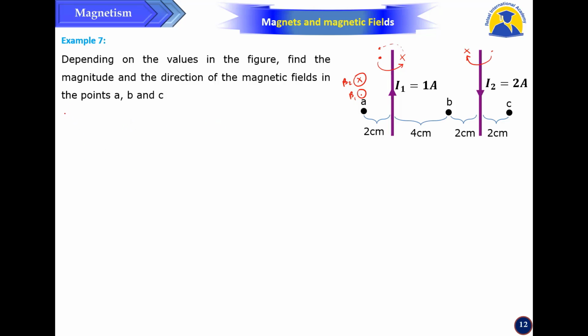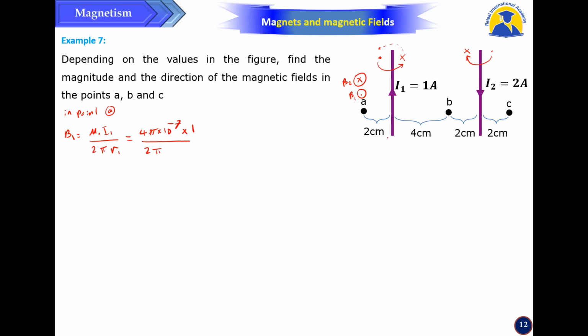So at point A, B1 equals mu 0 I1 divided by 2 pi R1. Mu 0 is constant and I1 is 1 ampere.